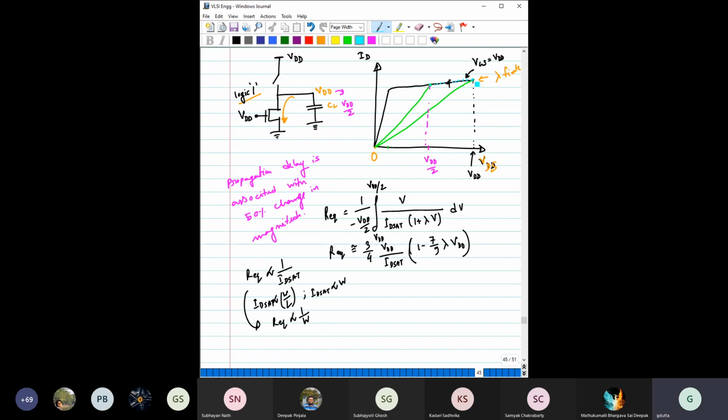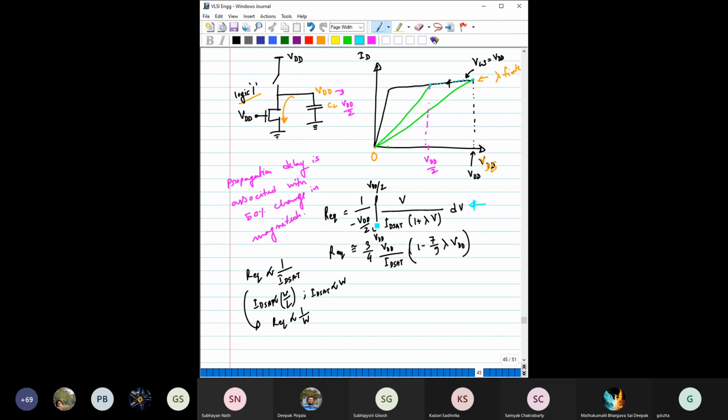So if you want to see the total, that is why we are doing this integration. Basically, we are taking this V by I only, so we are summing up all the resistances from here to here, and then averaging out.